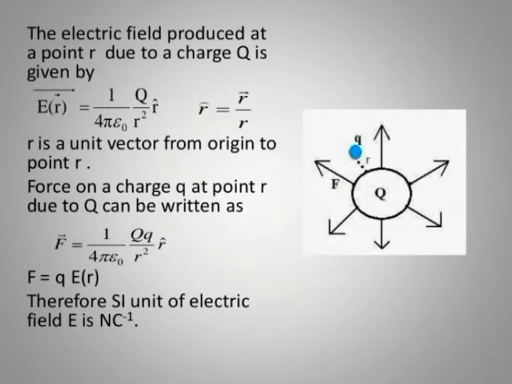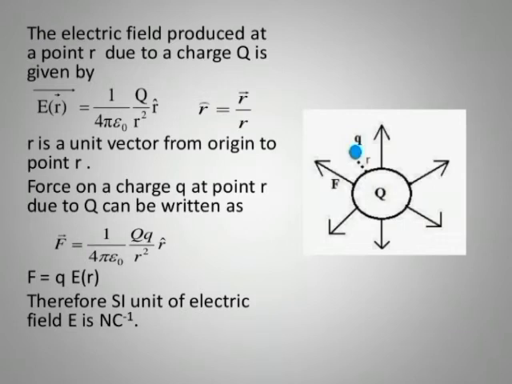Now I take one point charge, a small q, and bring that q into the field of this capital Q at a distance of r. The distance between these two is small r.